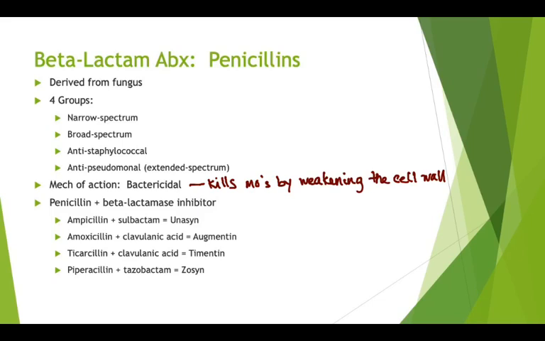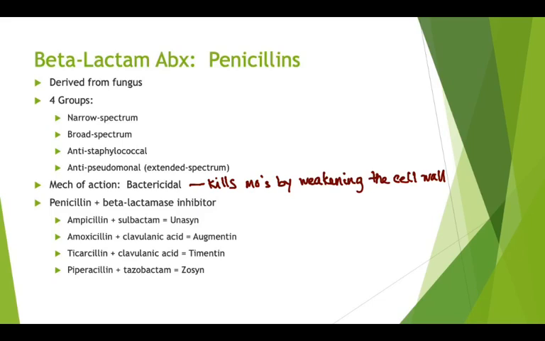So we start with your beta-lactam antibiotics. Penicillins is going to be, again, your first class. These meds are usually used for prevention of bacterial endocarditis prior to dental or any other different types of procedures. Penicillin was derived from fungus.